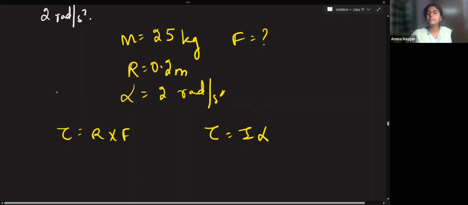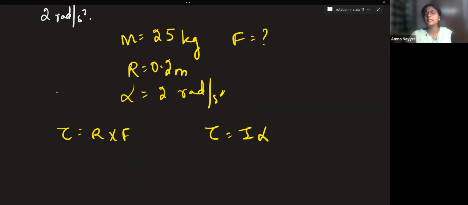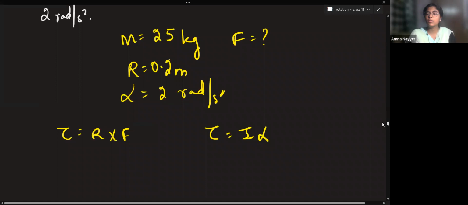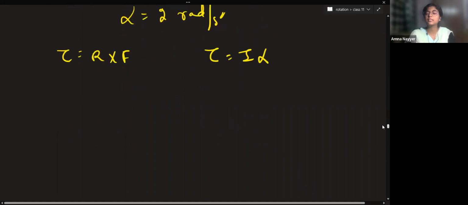Now, flywheel is given to you. Flywheel is what? It's a disc. So when no axis is mentioned, you take the standard axis, the perpendicular axis. And for moment of inertia, we require M and R. So M and R are given, alpha is given. So we can easily calculate. So see, what will be the moment of inertia of a disc?